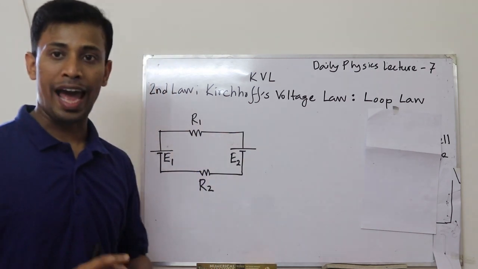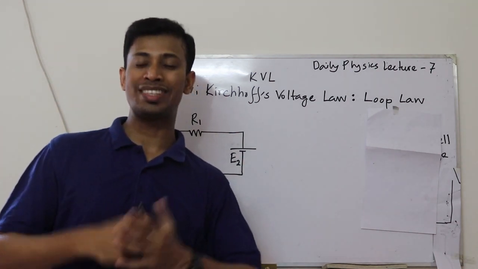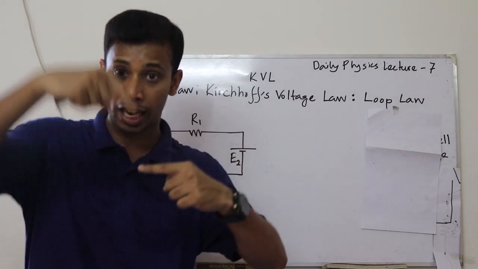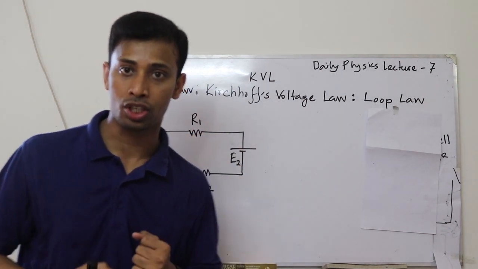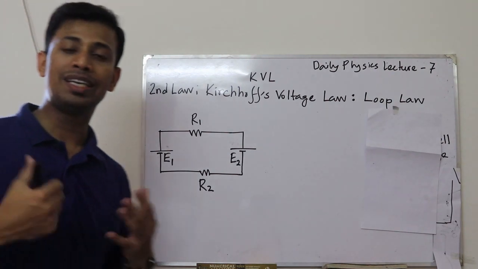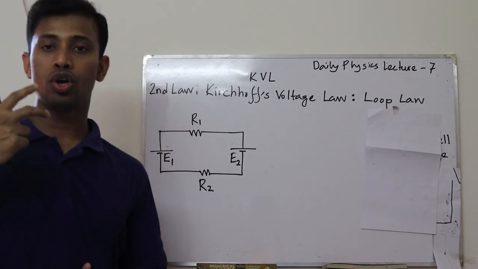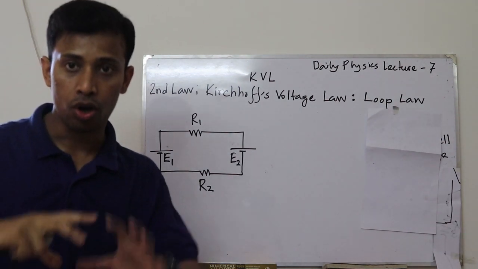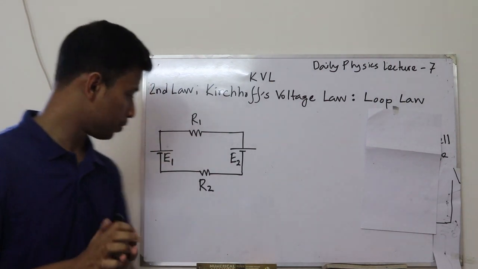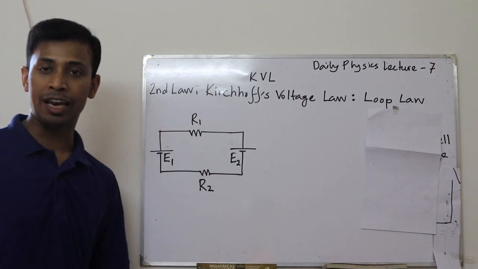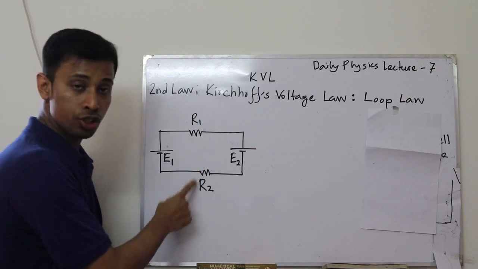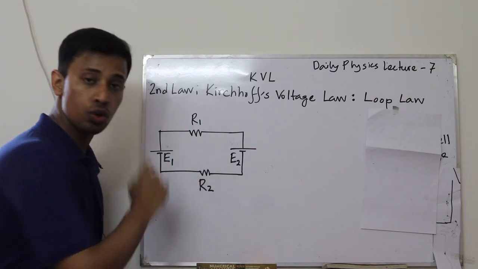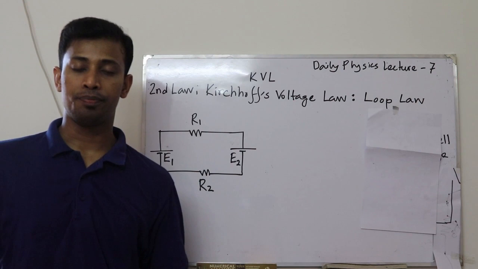As the junction law was discussing a junction, an electric junction, the loop law will discuss an electric loop, or a loop inside a circuit. So here I have given you a loop which contains 2 resistances, R1 and R2, and 2 cells.